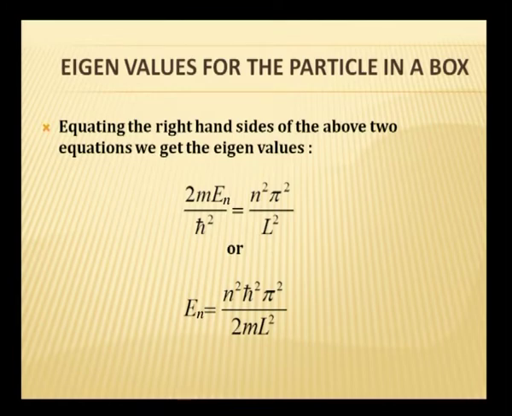Now, what do you understand? The conclusion is the following: the energy depends upon n square, where n is an integer. That is how the energy eigenvalues are getting quantized. They are the eigenvalues which we wanted to calculate, and we are able to show that the energy eigenvalues are quantized in the problem that we have taken up.